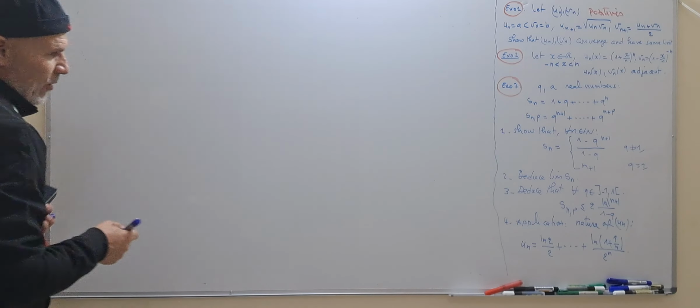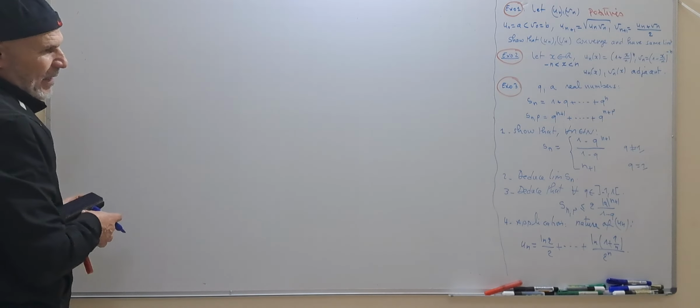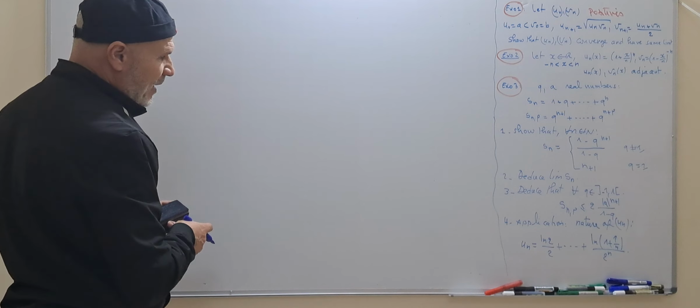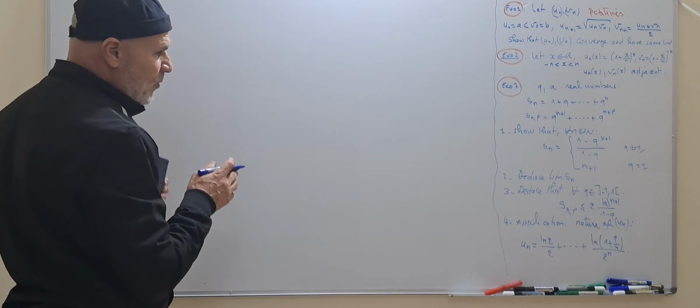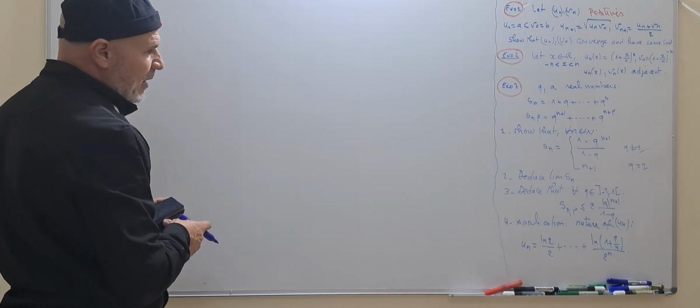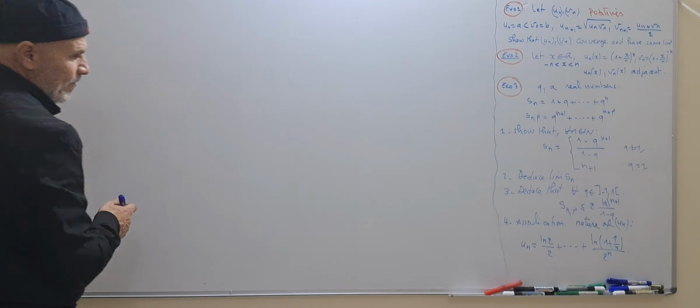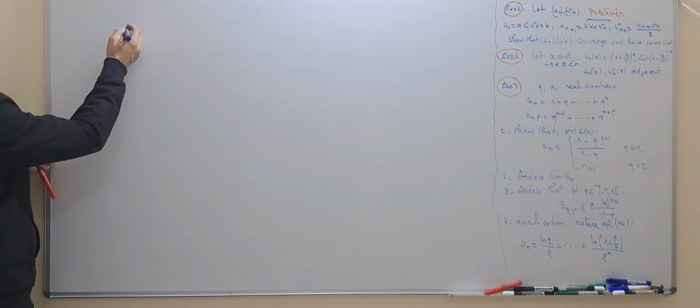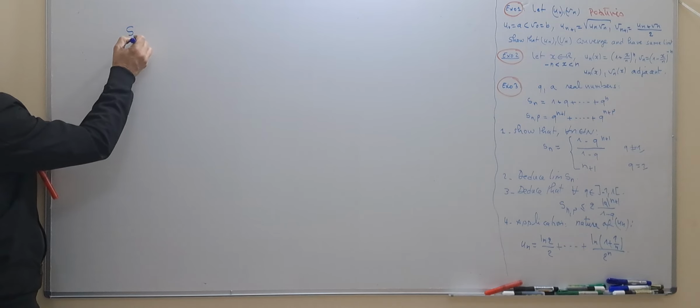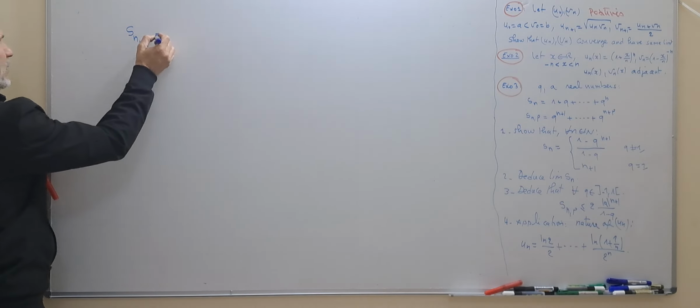The third question: deduce that for all q in minus 1, 1, S_{n,p} is less than or equal to 2 times the absolute value of q power n plus 1 divided by 1 minus q. So here we have S_{n,p}.